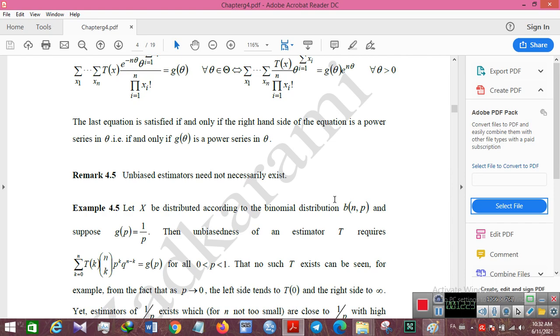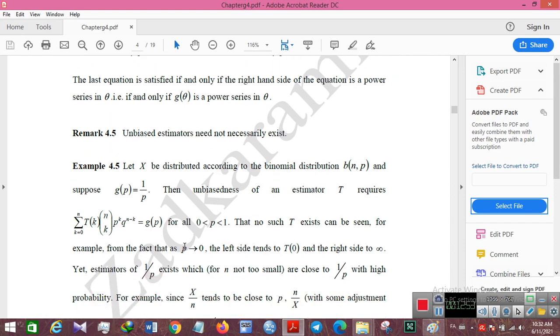For example, if X has a binomial(n, p) distribution and we want to find the unbiased estimator of 1 over p, if there is an unbiased estimator of g(p), we should have this equation.